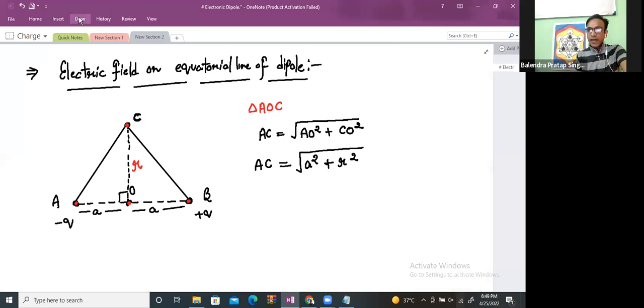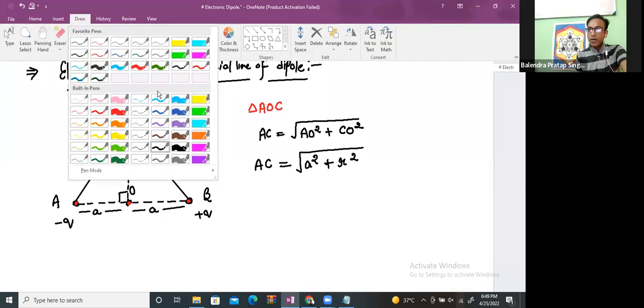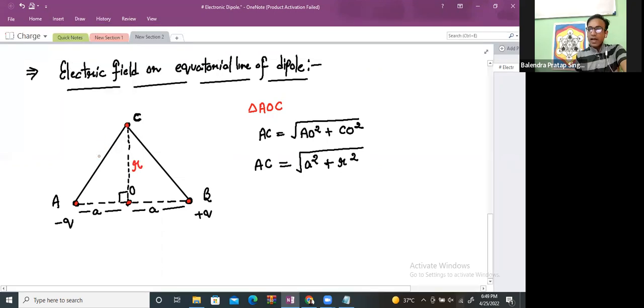I just applied the Pythagoras theorem and we easily found the value of this AC. So the value of AC is under root r square plus a square.